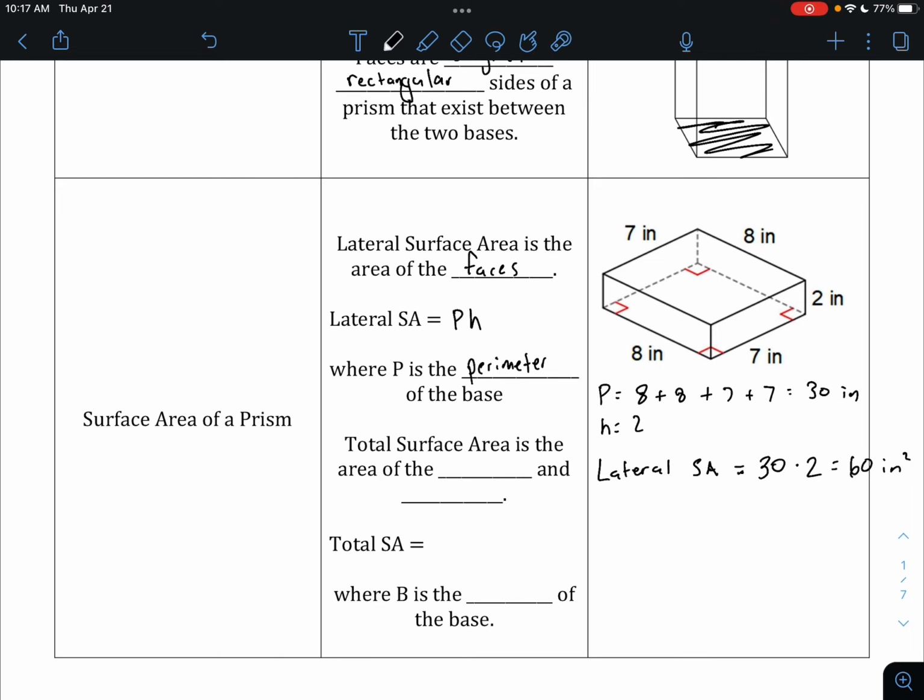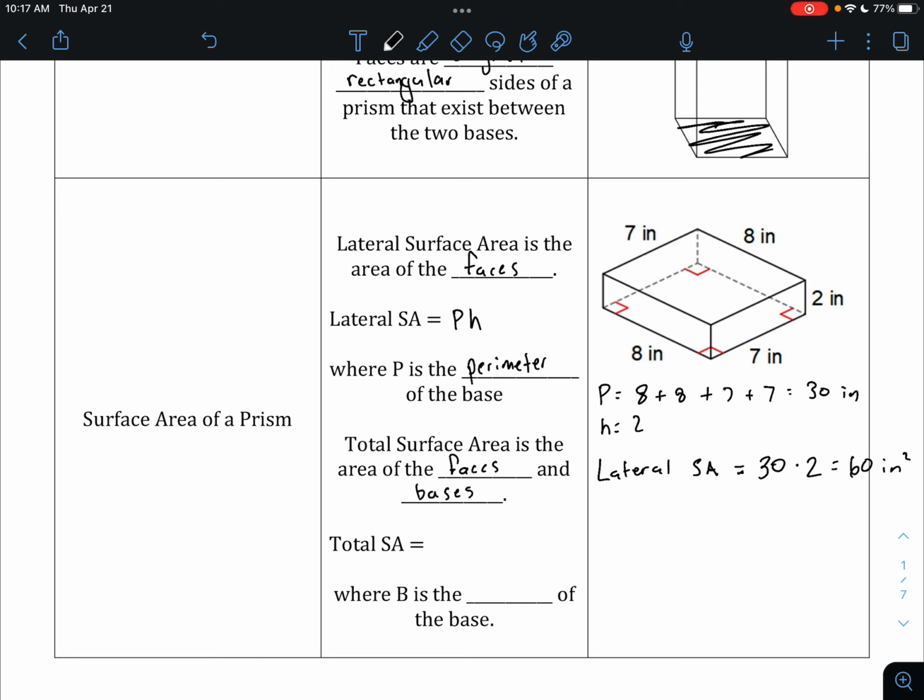Now the total surface area is the surface area of the entire shape. That means it's the lateral surface area plus the two areas of the bases. So it's the area of the faces that we just found and the bases.